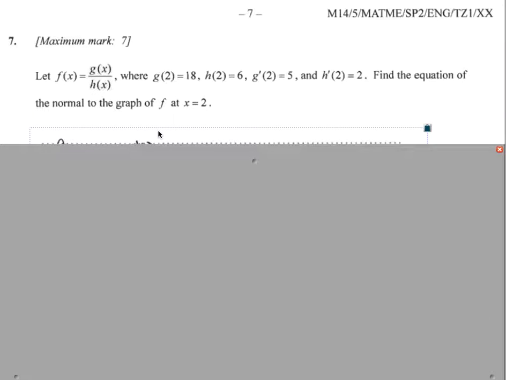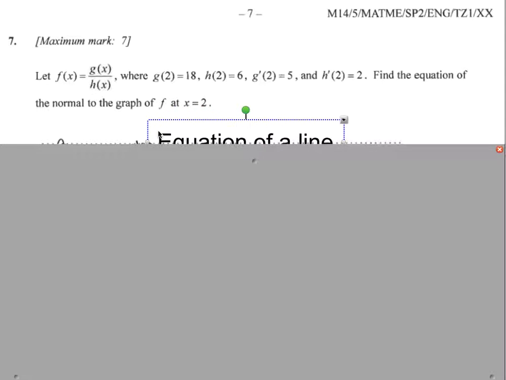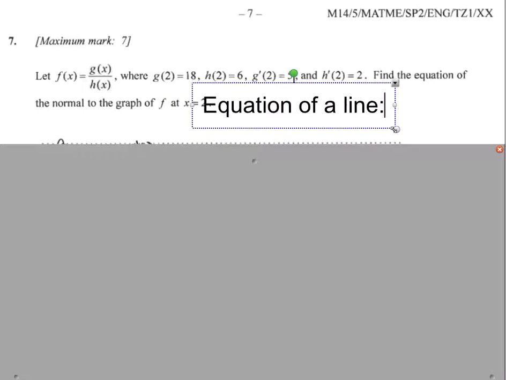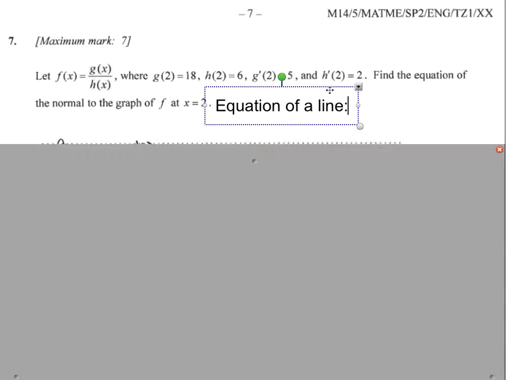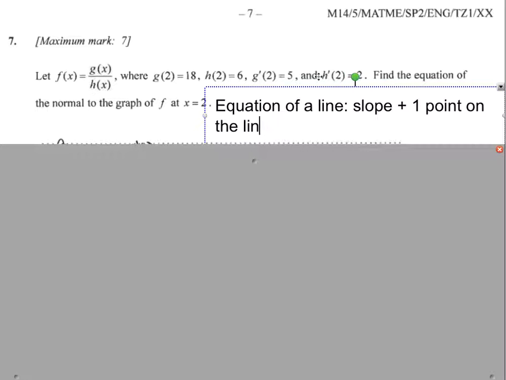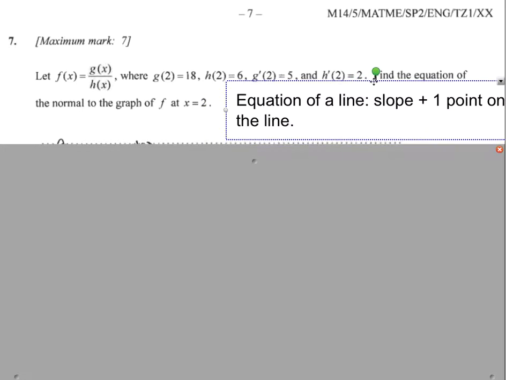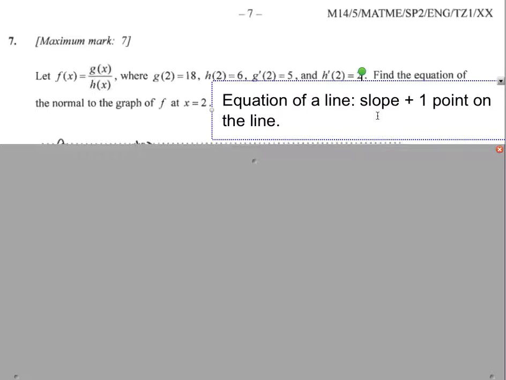When we're trying to find the equation of a line, regardless if it's a normal or not, we need the slope of the line plus 1 point on the line. And it can be given in a variety of formats. So let's just see what we can do.